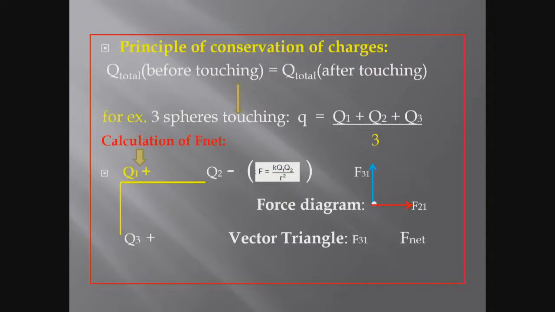But now there's a very, very important next step in this calculation, and that is that you must draw a vector triangle. Why a vector triangle? That is because you need a vector triangle to solve for F net. You must use Pythagoras and your trigonometry to calculate the magnitude firstly of F net, and also secondly the direction of F net.